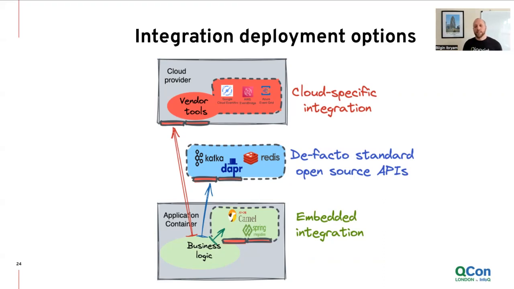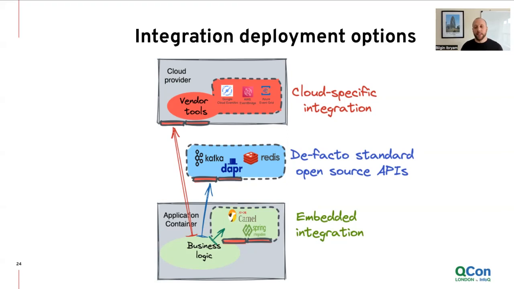Similarly, we can see that some of the integration responsibilities are moving from the application layer into its own layer as a standalone middleware, or even to serverless cloud services. And in terms of the deployment option for these integration capabilities, the traditional approach is to have all of this integration logic within the application layer. For example, that is with projects such as Apache Camel and Spring Boot, Spring Integration.